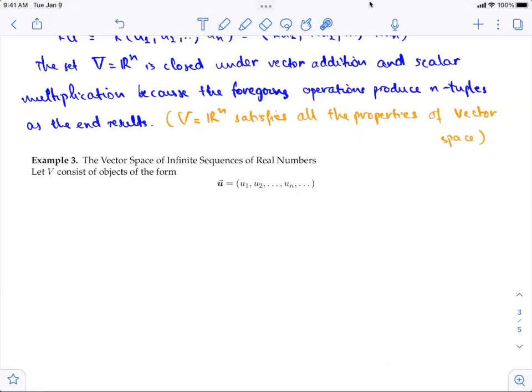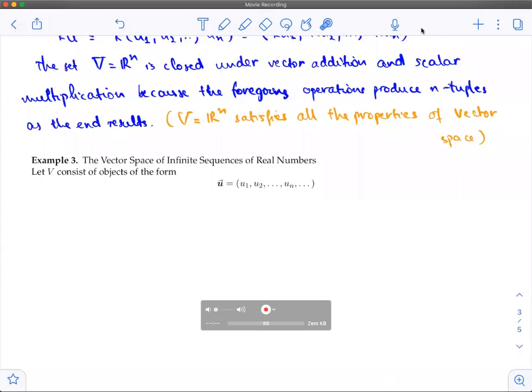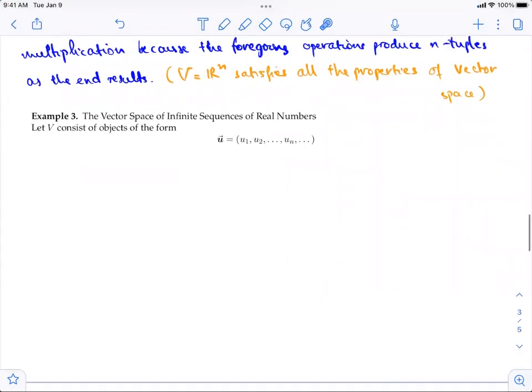So here we're going to define u1, u2, and un, so on and so forth.